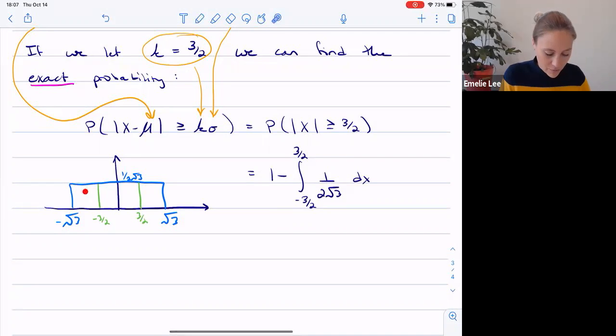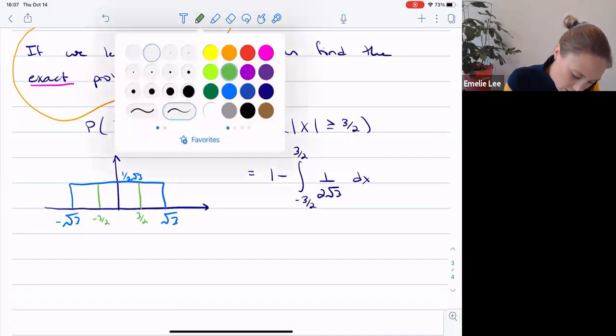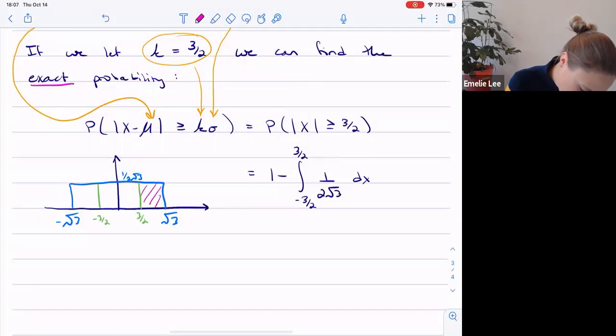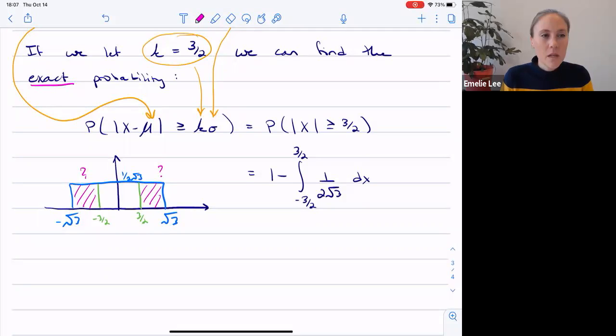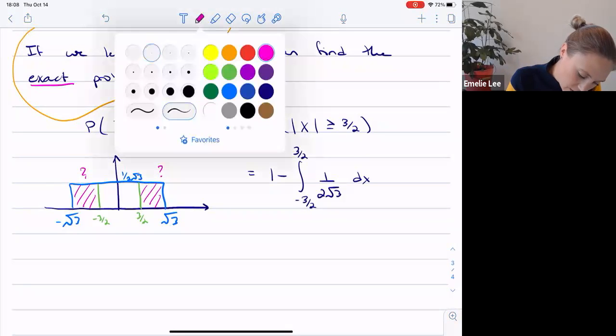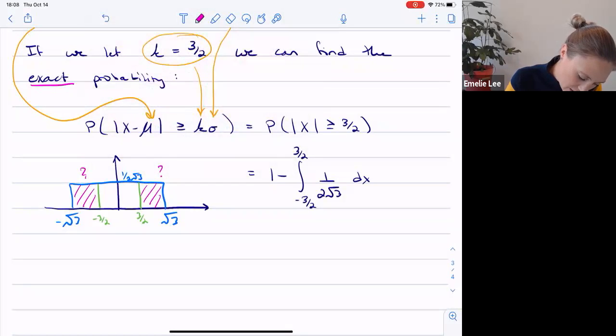If I'm looking for this area, the probability of being beyond those 2 points, that's going to be 1 minus the area between those 2 points. So this area is 1 minus this area.